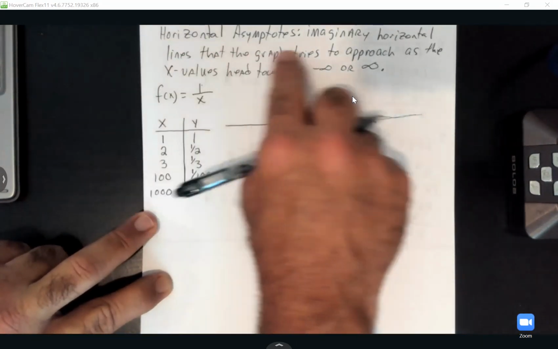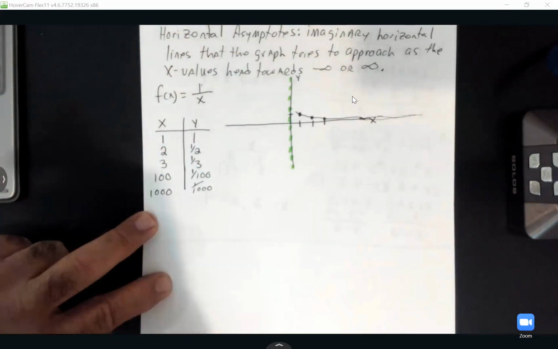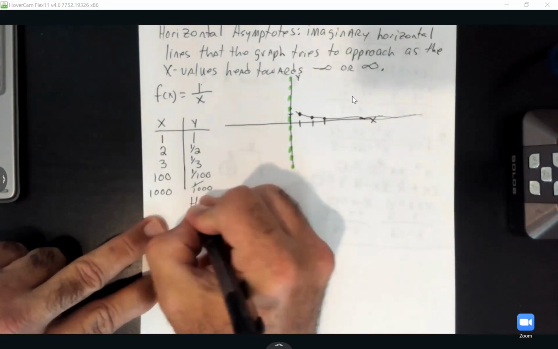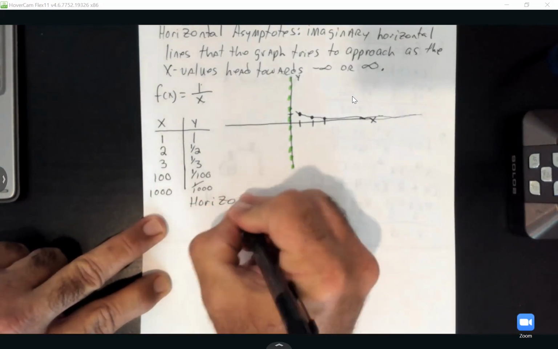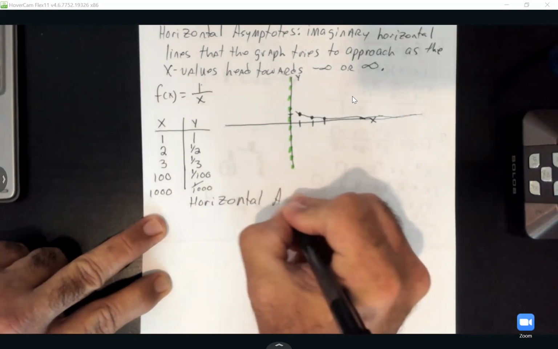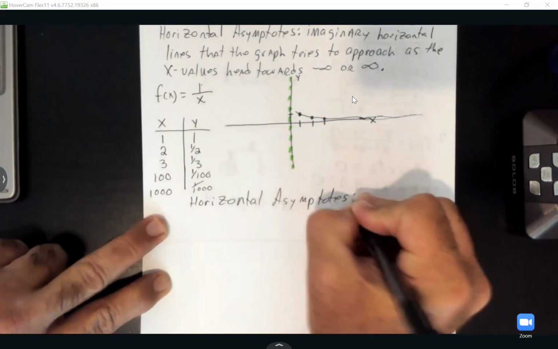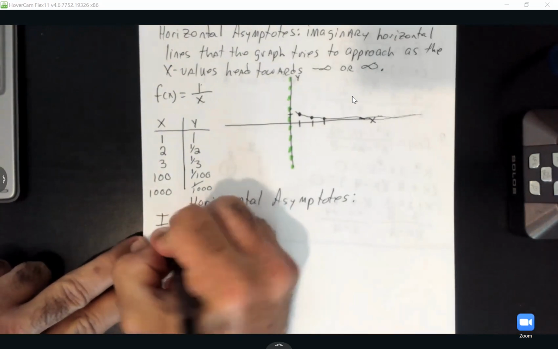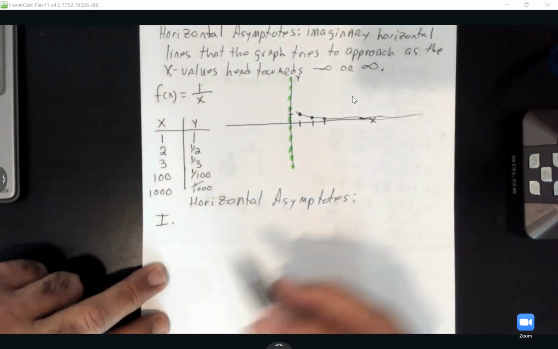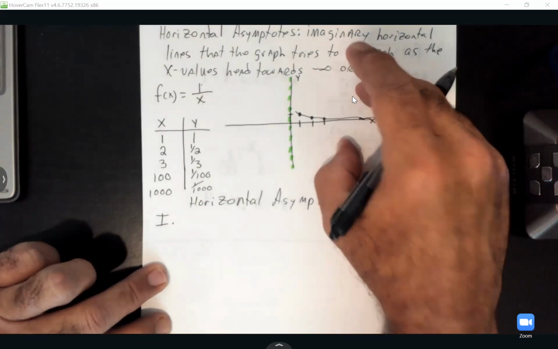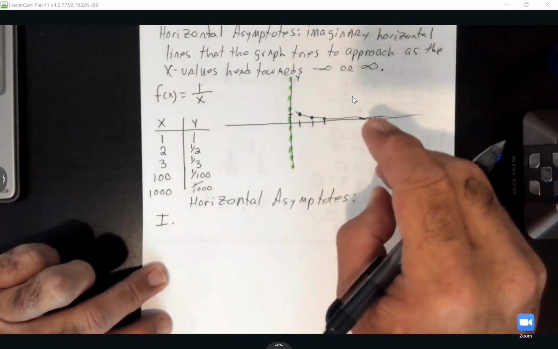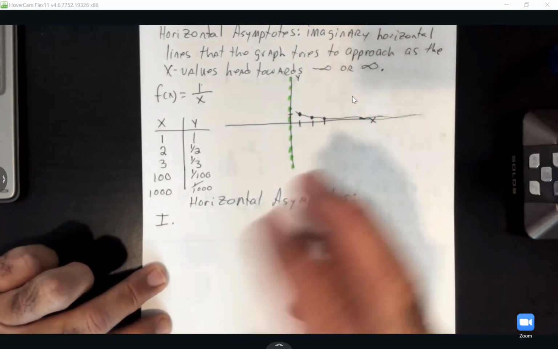So for horizontal asymptotes, you got 3 cases. In horizontal asymptotes, we look at the degree of the top and compare that to the degree of the bottom.